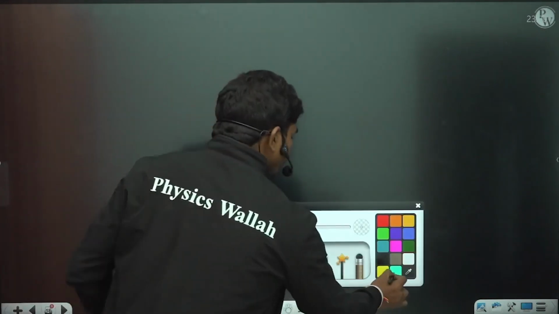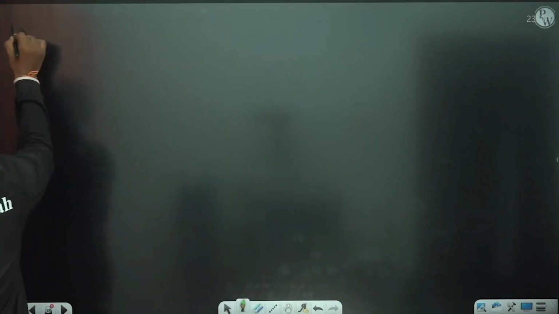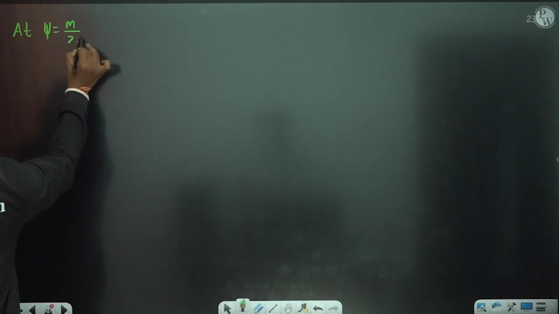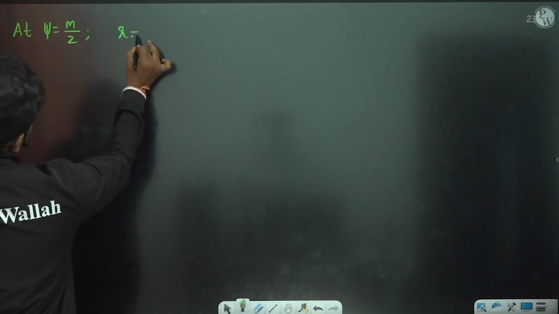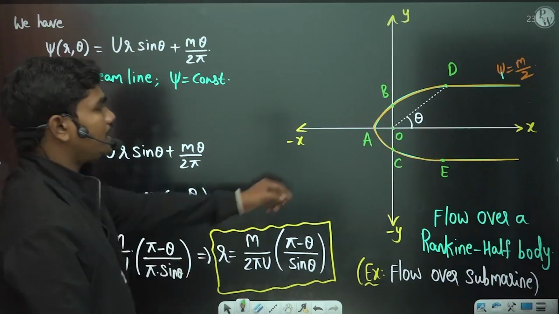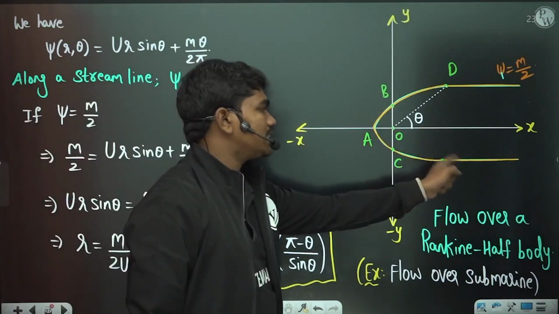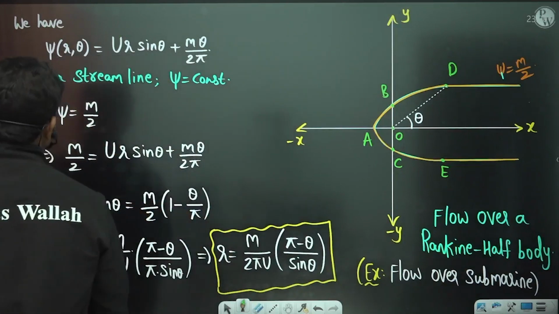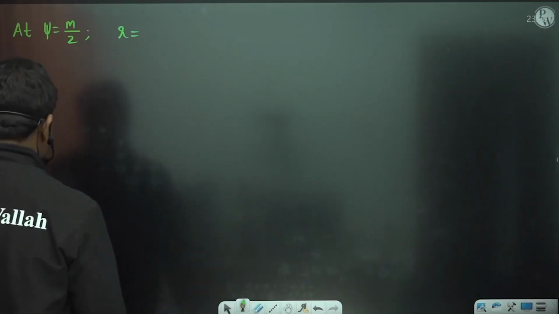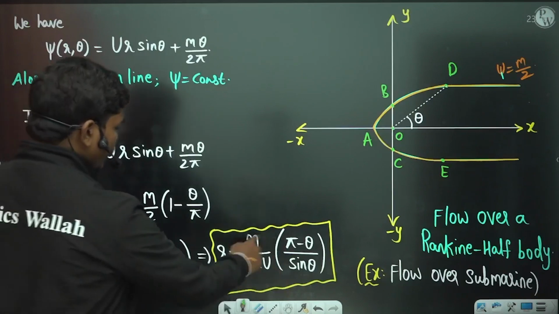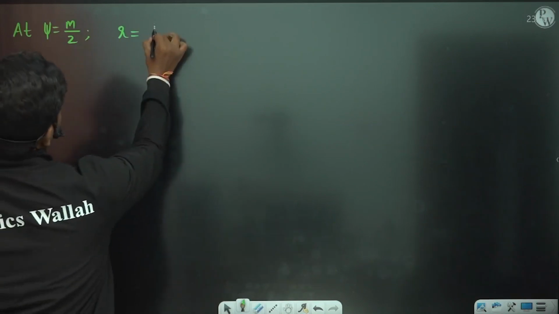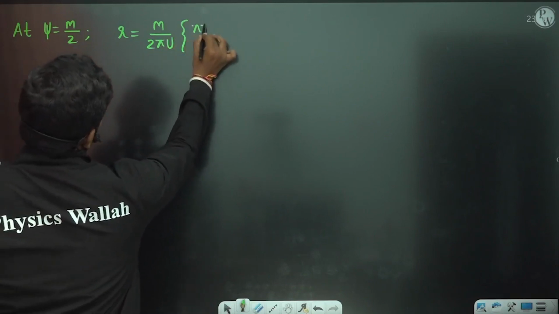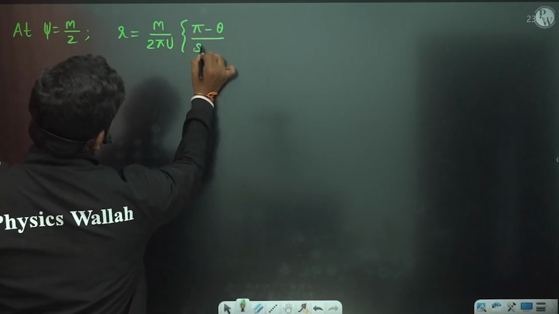First of all, the geometry of that curve at psi equal to m by 2 is given by the radius, that is, the distance from this point. At this point, psi is equal to m by 2, and the r value is given by m by 2 pi U times (pi minus theta) by sin theta.